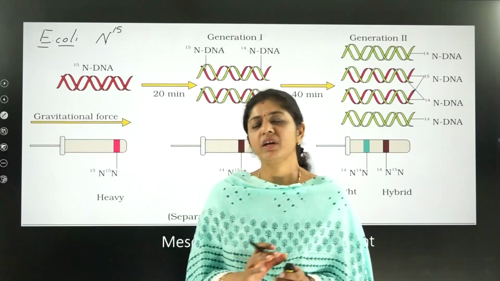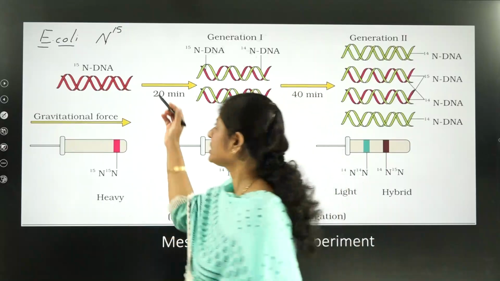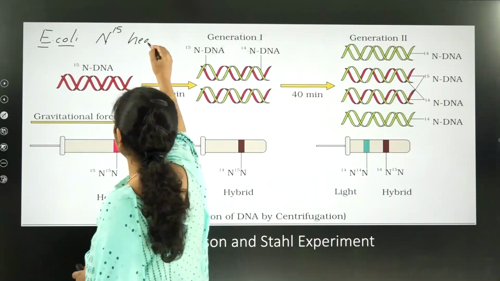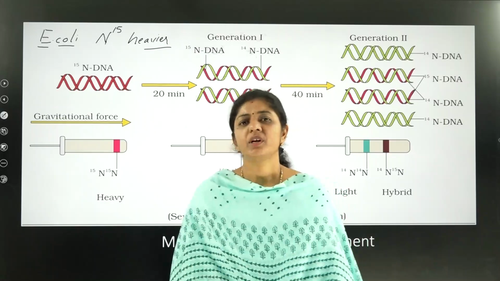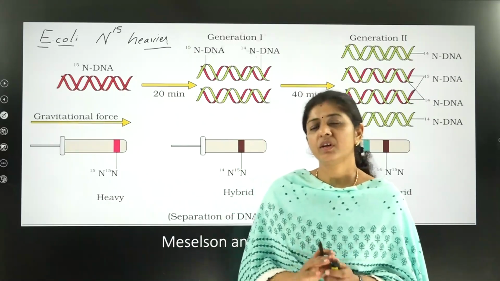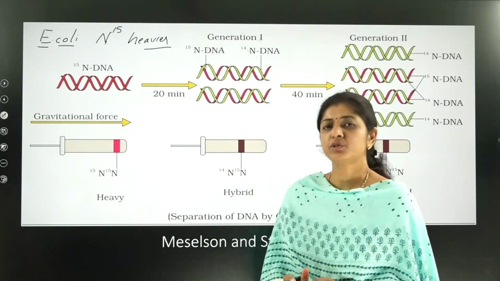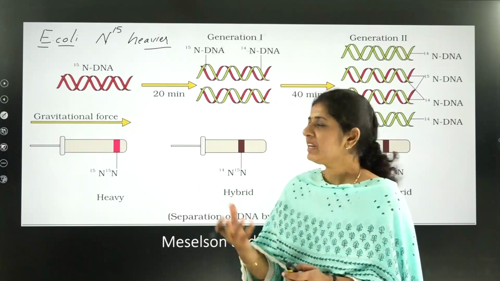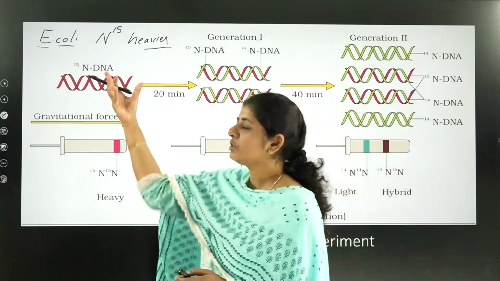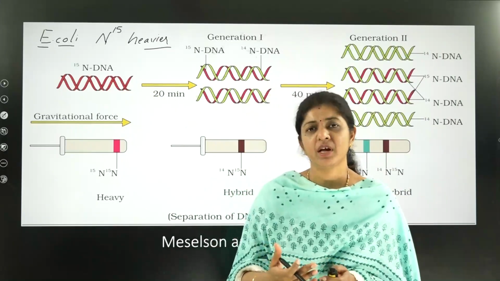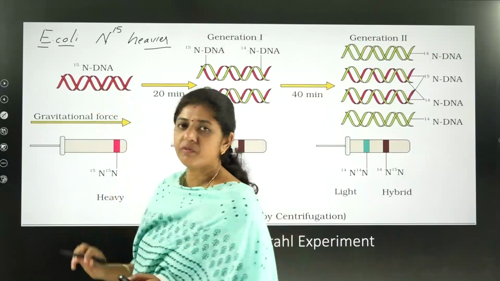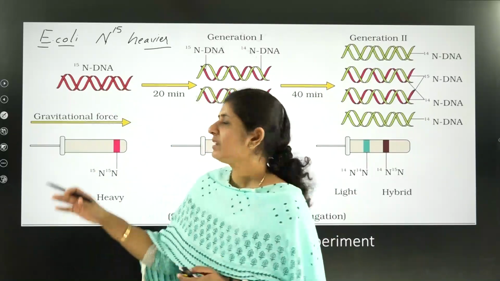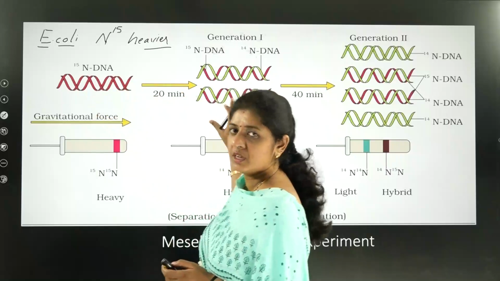And N15 is not a radioisotope. This is a heavier isotope of nitrogen. This is a very important question. N15 is not the radioisotope. This is a heavier isotope of nitrogen. And in that medium, they cultured this E. coli for many generations. Once they get both the strands N15, N15, they select that as a parent for this experiment.